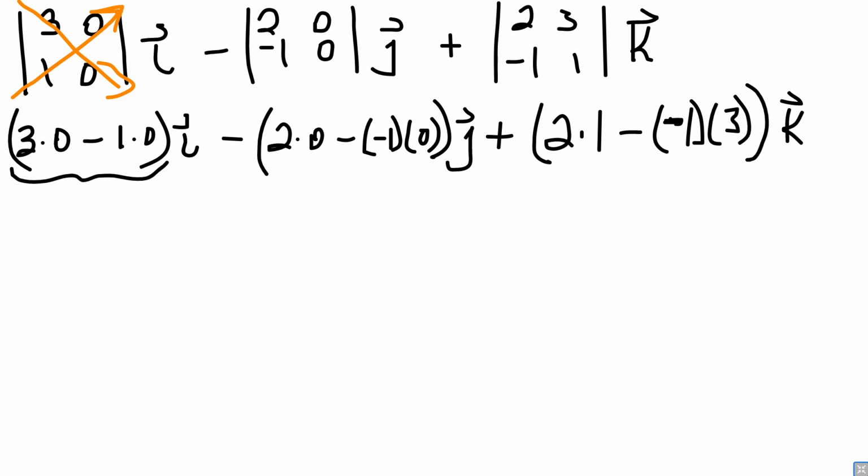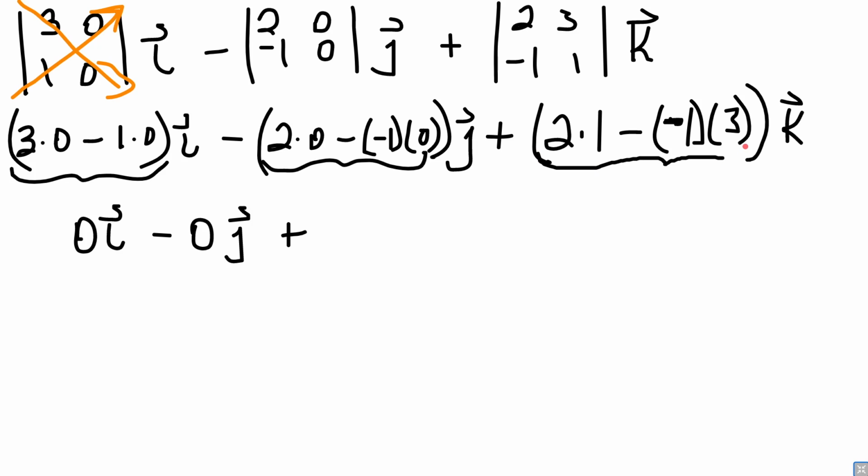Okay, so the first piece, you're going to get 0 in the I direction, minus, next piece, you're going to get 0 in the j direction, plus, last piece, you're going to end up with 5 in the k direction. Or would you simply say 5 in the k direction? Okay. Any questions there?